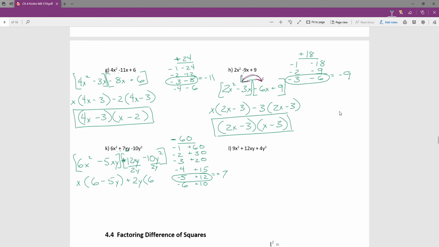Oh, shoot, what did I just do? Oh, I dropped the x right there. 6x minus 5y. So now I have that 6x minus 5y common to both, and I've got the x plus 2y as my second bracket.